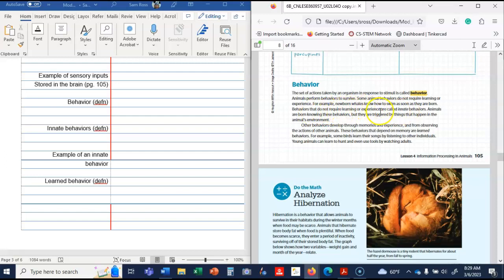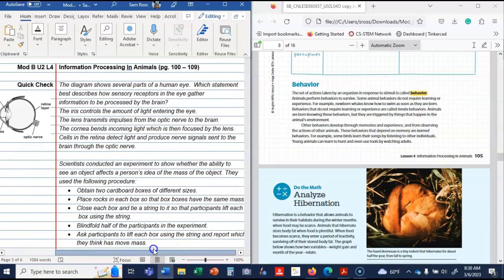An example of an innate behavior is how a newborn whale knows how to swim as soon as it's born. And then a learned behavior: these behaviors depend on memory. It comes from observing the actions of other animals, memories, and experiences. That's a learned behavior.